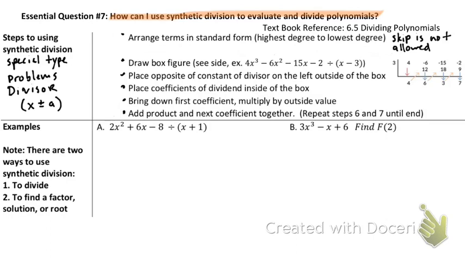So I'm going to write down 2, positive 6, and negative 8. Notice I am ignoring the variable. I didn't put x squared, I didn't put x, I just put the numbers. Okay? Then we're going to create this box here.